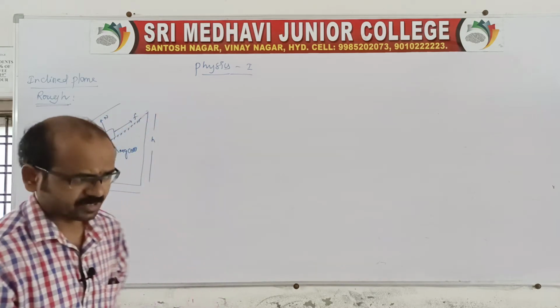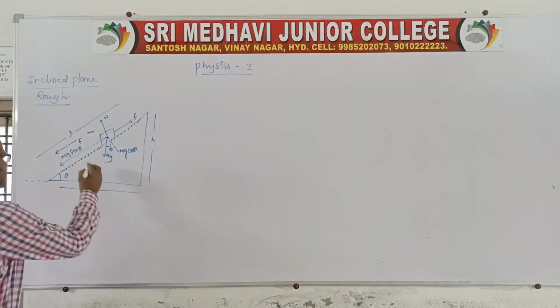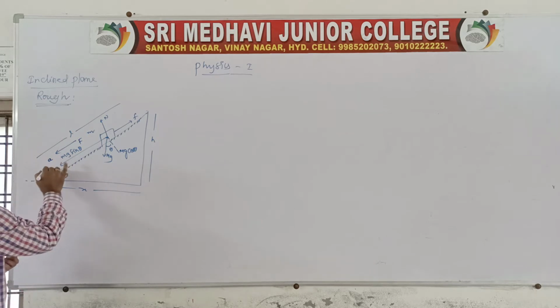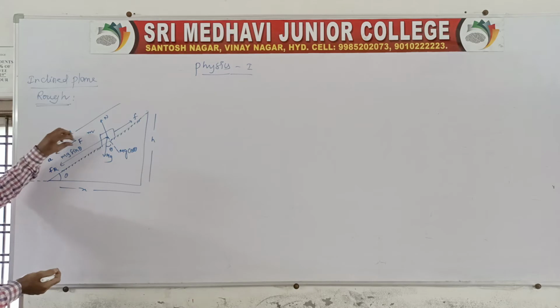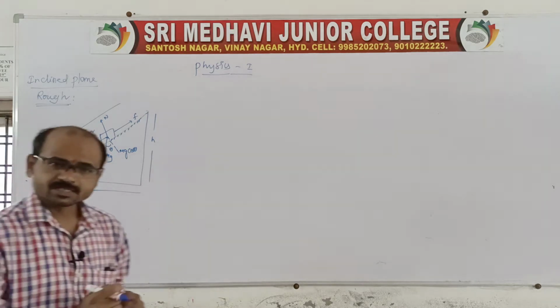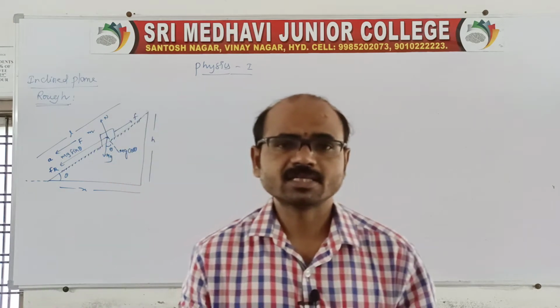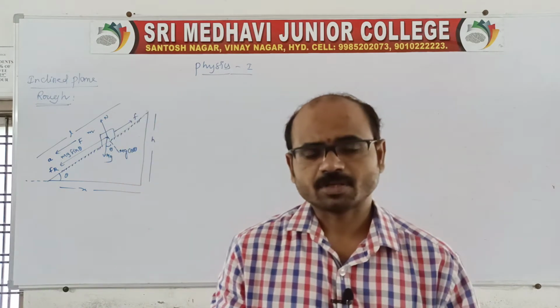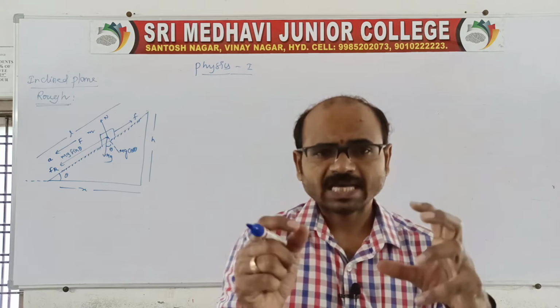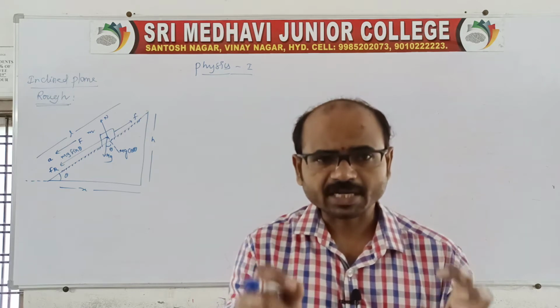Here the block is accelerating in the downward direction with an acceleration a, and we have to find these parameters: acceleration is one parameter, resultant force is another, applied force is one more, as well as the velocity on reaching the bottom and the time taken to reach the bottom. These are the relations we have to find on the inclined plane.